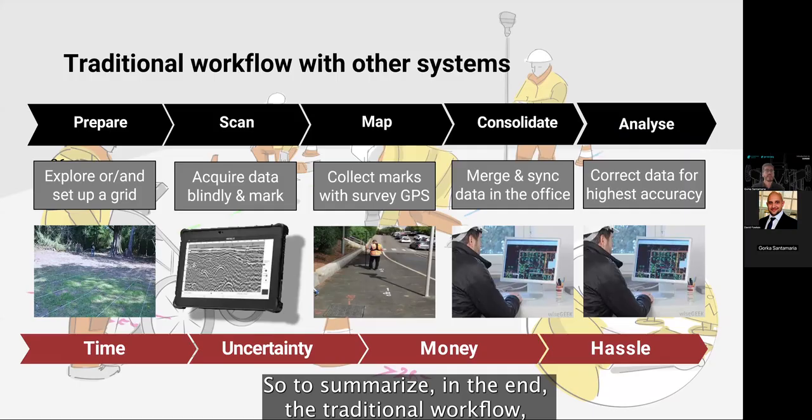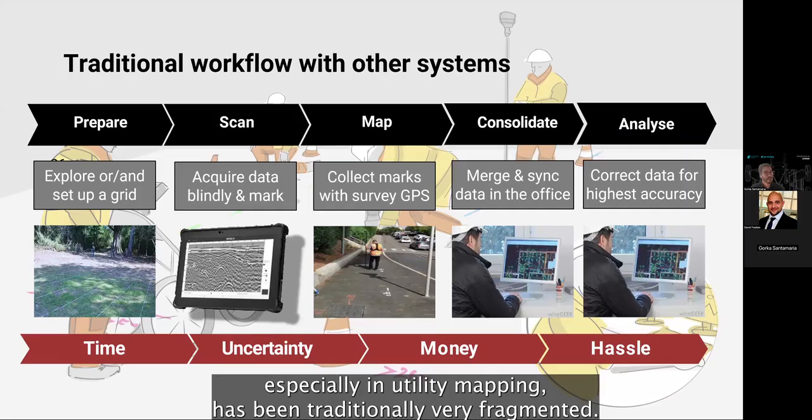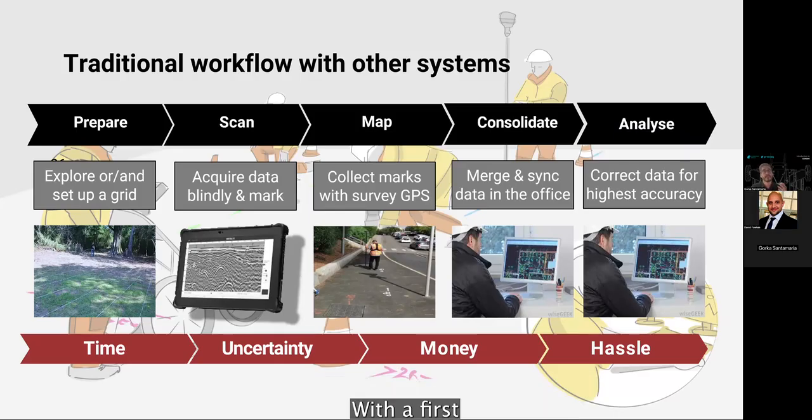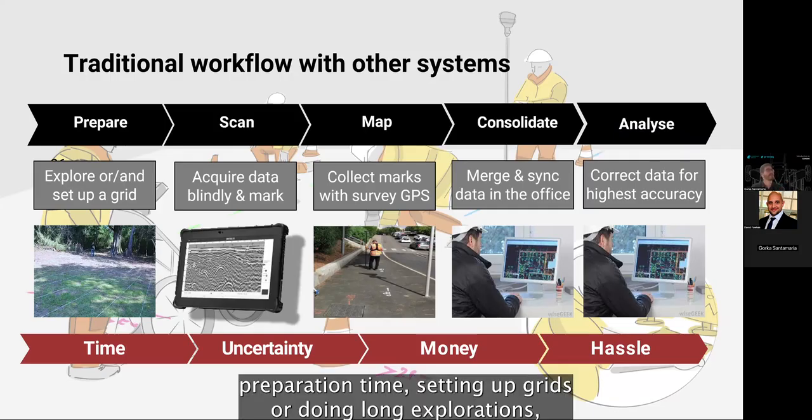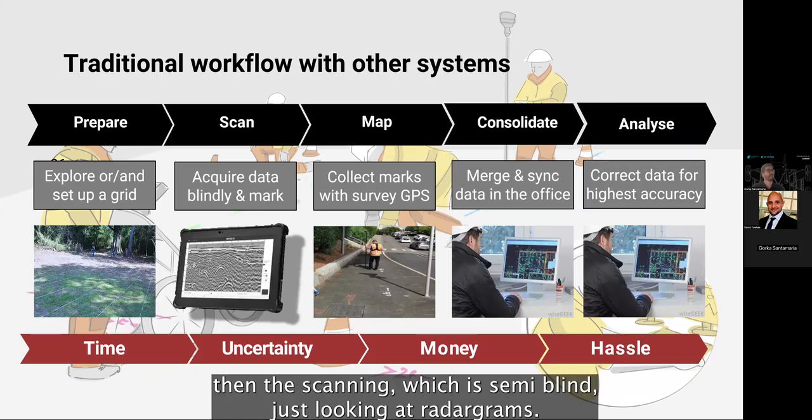So to summarize, in the end, the traditional workflow, especially in utility mapping, has been very fragmented, with a first very long preparation time, setting up grids or doing long explorations, then the scanning, which is semi-blind, just looking at radargrams.